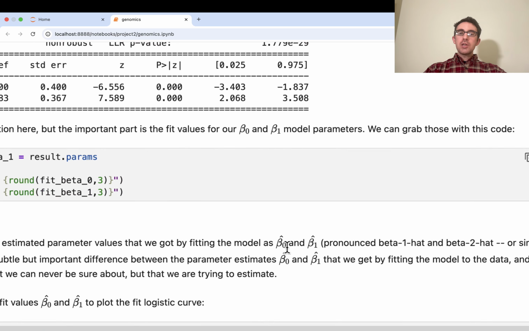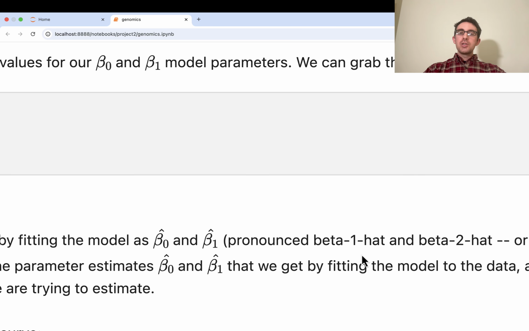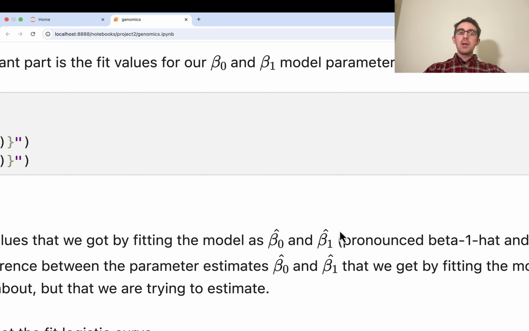The symbol at the top is pronounced "hat", because it looks like it's wearing a little hat. We'll call these beta 0 hat and beta 1 hat, or even more simply, fit beta 0 and fit beta 1.